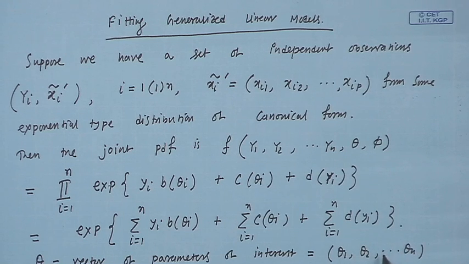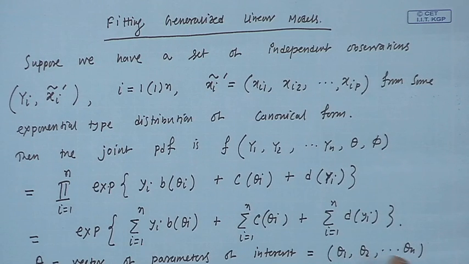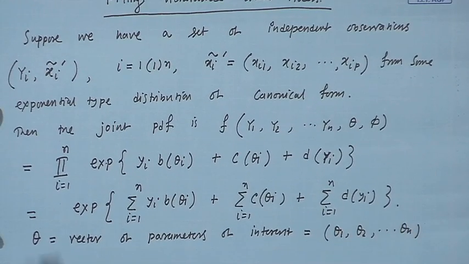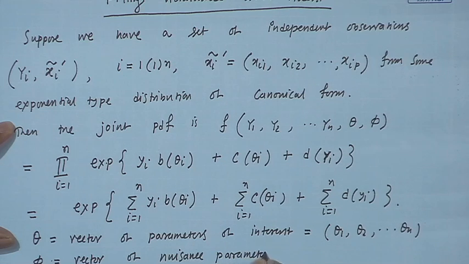So, the ith observation is coming from an exponential type distribution with parameter theta i, and this phi is a vector of nuisance parameters. Okay.